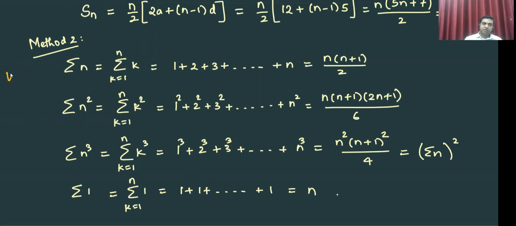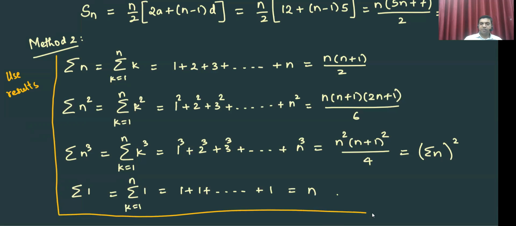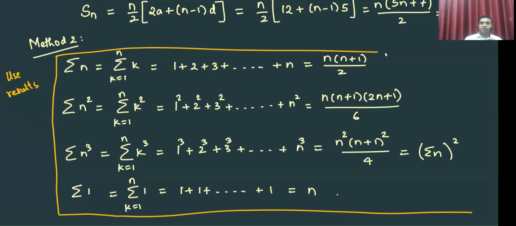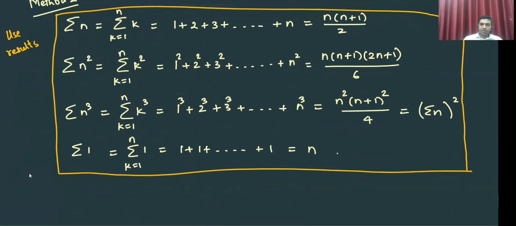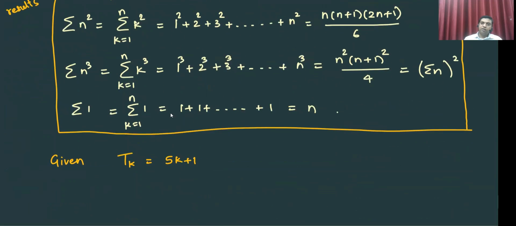So use these results in any case where nth term or kth term is given. How to find sum to n terms? We can do like this. Now k term is given as 5k plus 1. So given tk is 5k plus 1. Now sum to n terms Sn will be sigma tk, k equal to 1 to n.